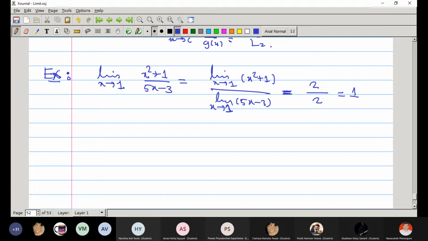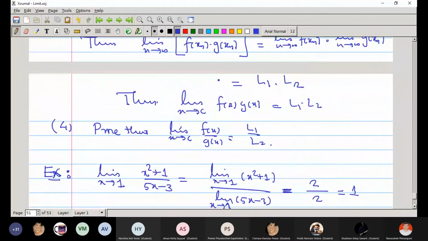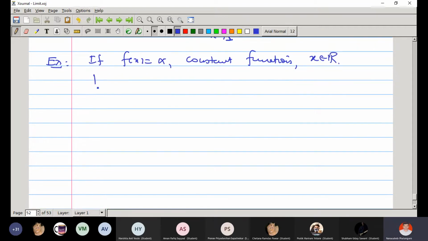Now this becomes simple because now we have the above theorem, right? So if f(x) is equal to a constant function, then what is the limit as x tends to a of f(x)? What is the limit of a constant function?